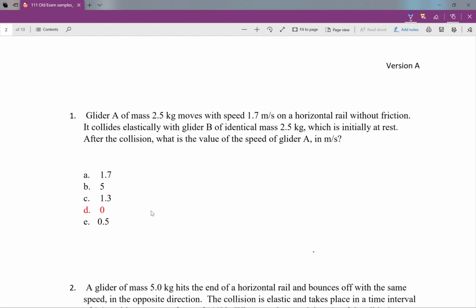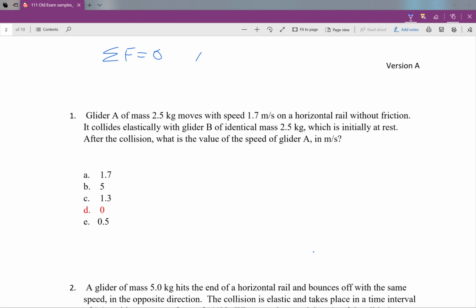Now we have to take advantage of two important things. First, because it is an elastic collision, we know energy is conserved. And momentum is conserved, meaning that the sum of the forces of the system equals 0.